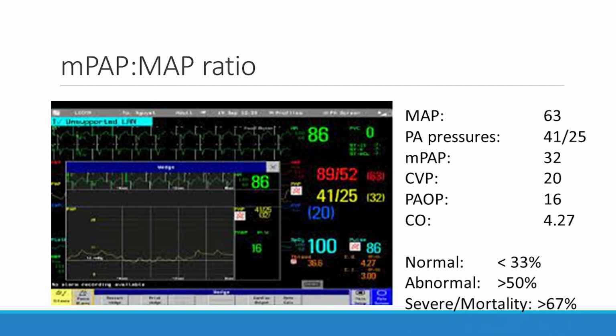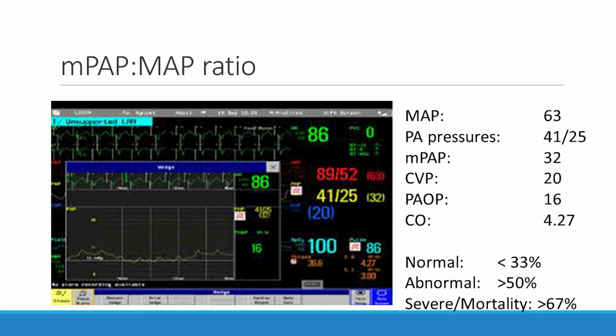I like to use the mean pulmonary artery pressure to MAP ratio if you have a pulmonary artery catheter in. Again, similar to the CVP to wedge ratio, your mean pulmonary artery pressure should be about 1/4 to 1/3 of your MAP. If it's greater than 50% of your MAP, then something's wrong. It means that you have too high pulmonary pressures, and you're starting to get into some danger.